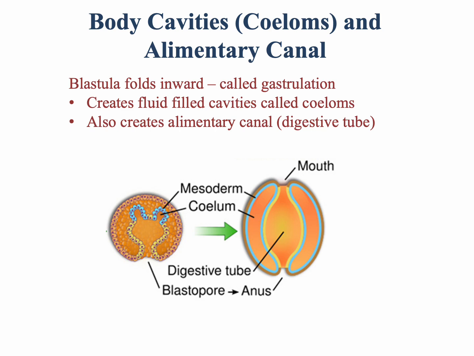Again, the blastula folds inwards, called gastrulation, creating fluid-filled cavities called coelums, and also creating the alimentary canal known as the digestive tube. You can see the formation of what's happening there with that gastrula.